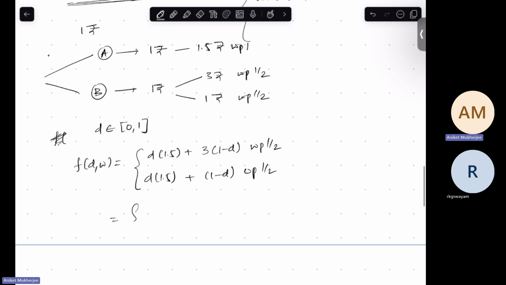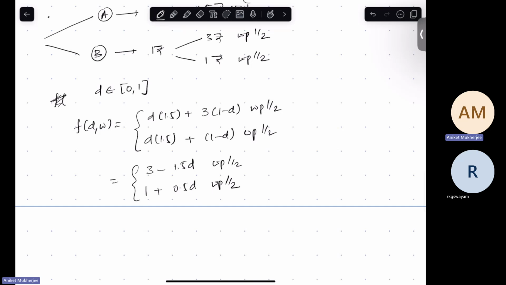So this is 3 minus 1.5D with probability half, and 1 plus 0.5D with probability half. Yesterday I did the worst case scenario.